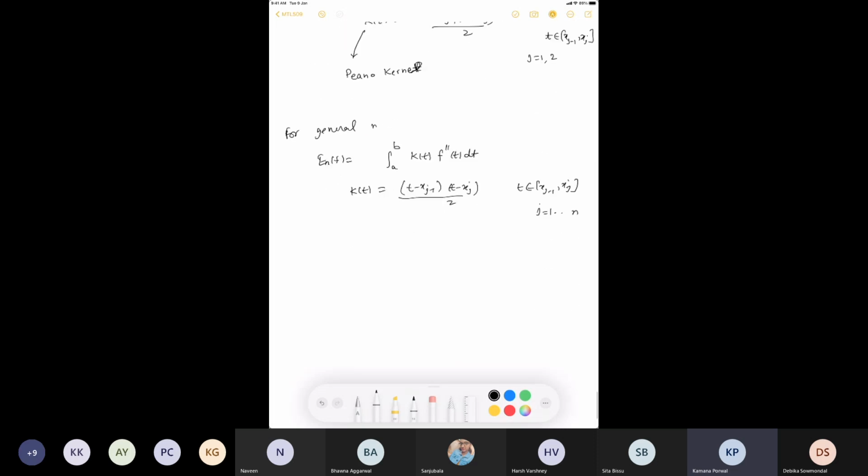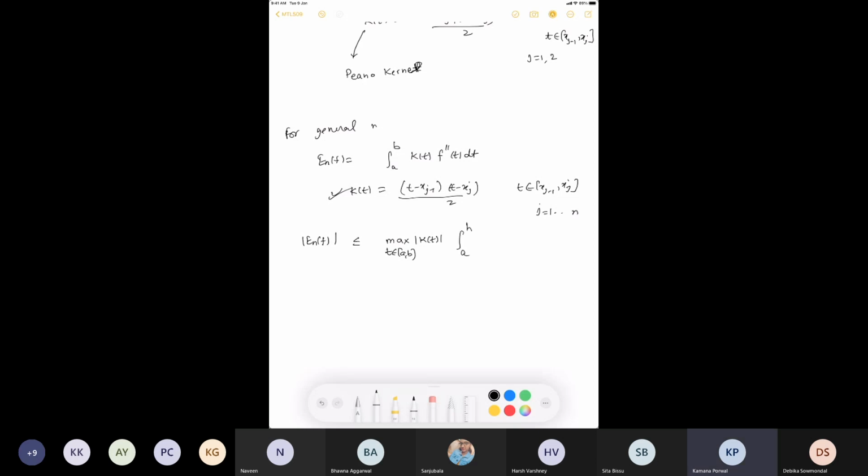So we can get an upper bound also using this formula on the error En. So this is less than or equal to... this is a polynomial, right? So I can take its maximum out of the interval. I'm just taking the maximum of kt over the interval ab.